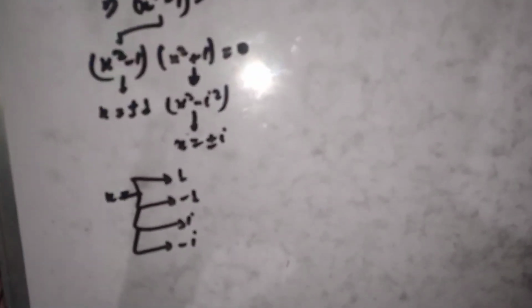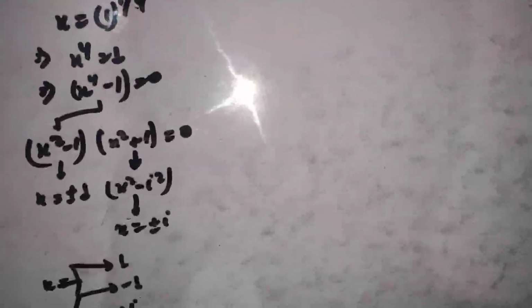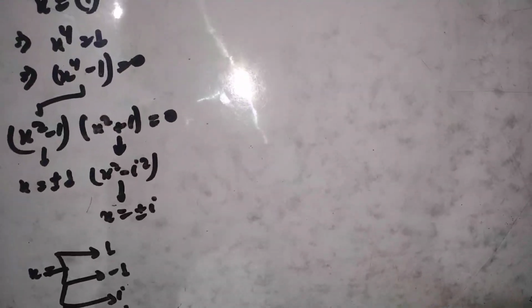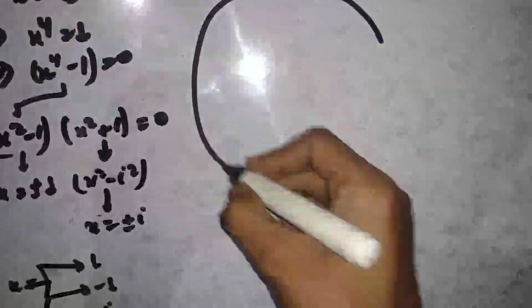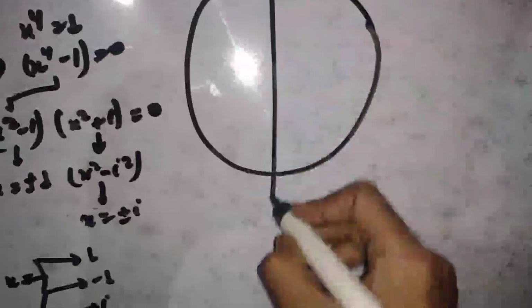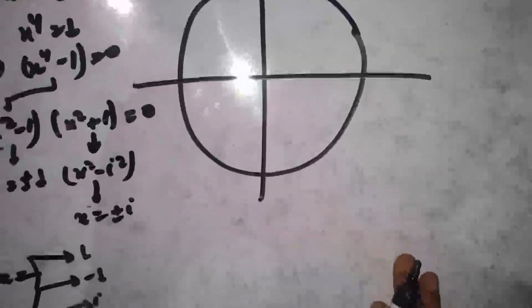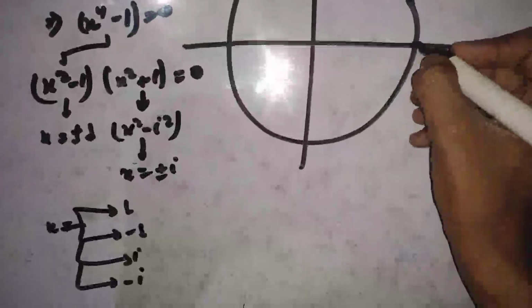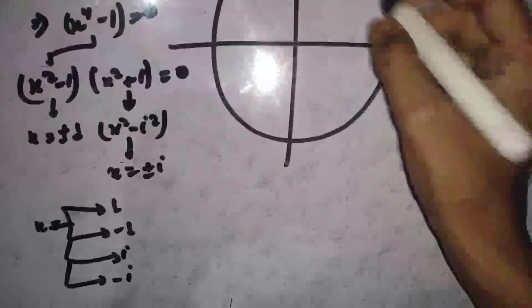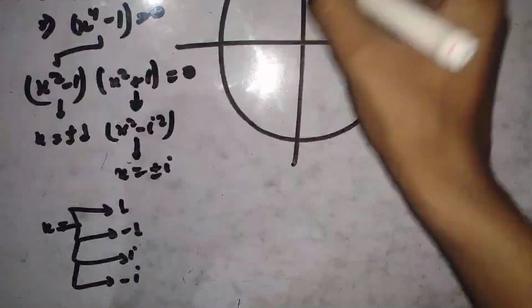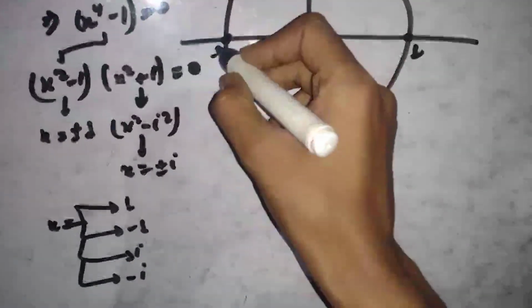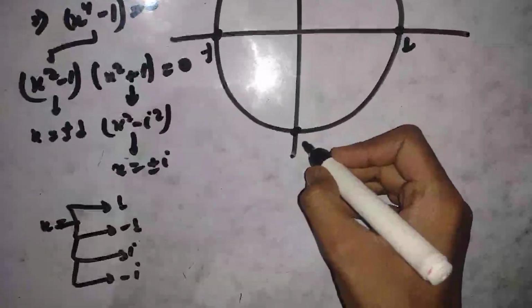Now we shall plot this to verify its geometrical significance. Our roots are 1, iota, minus 1, and minus iota.